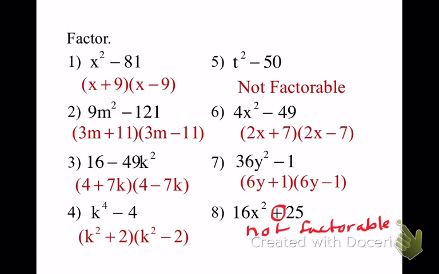Because remember, when I have x plus 3 times x minus 3, I end up with, or let's say, some people want to do 4x plus 5 and 4x minus 5. That would multiply to 16x squared minus 25.